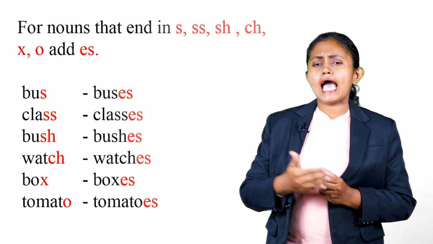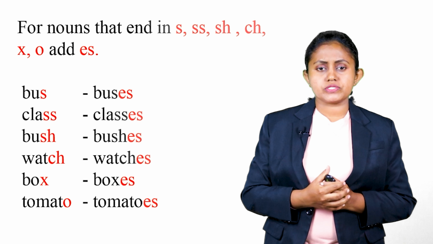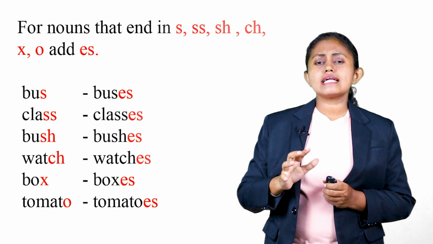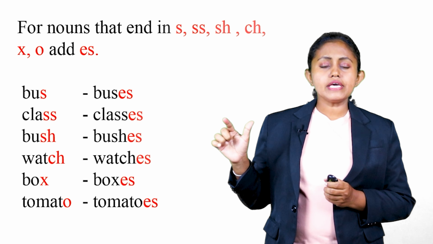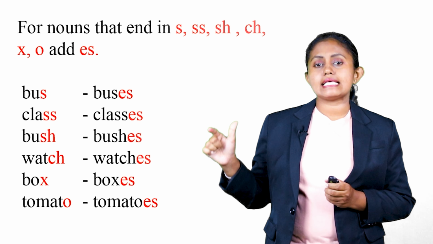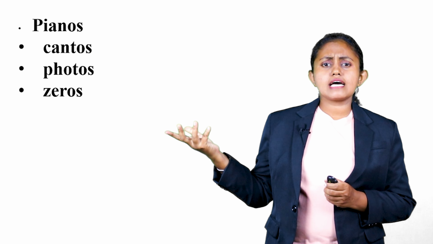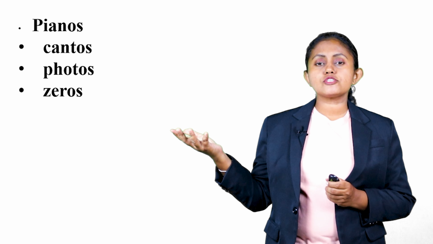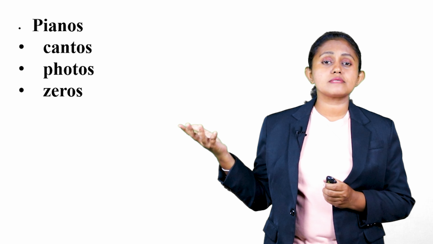Here, you have to remember some exceptions. For some nouns that end in o, you can't add es. There, you have to add only s. Those exceptions are here. For the singular noun piano, you can't add es. There, you have to add only s to make the plural one.